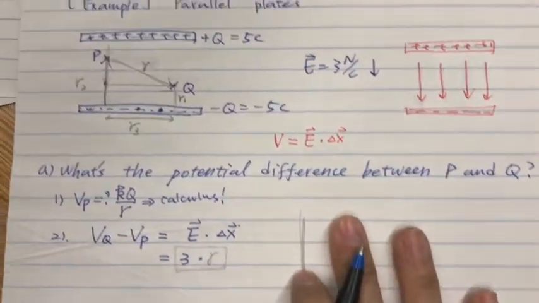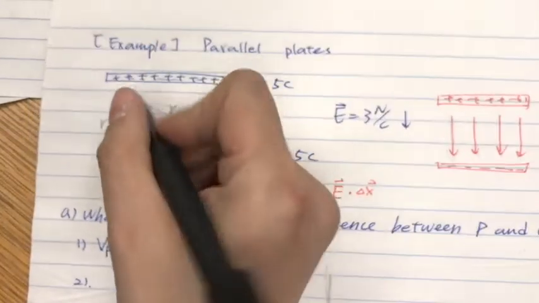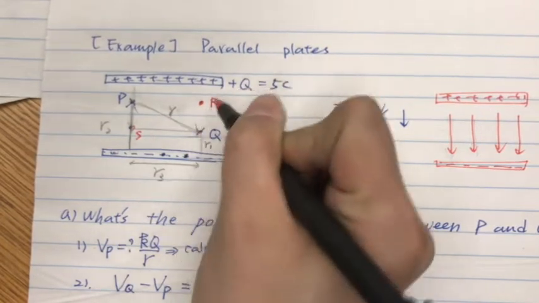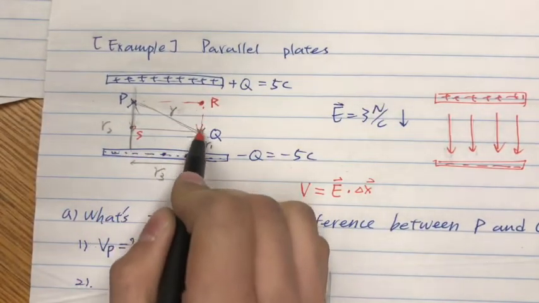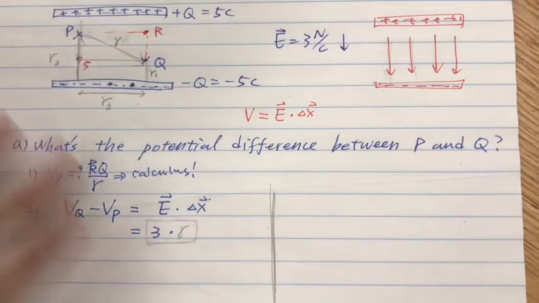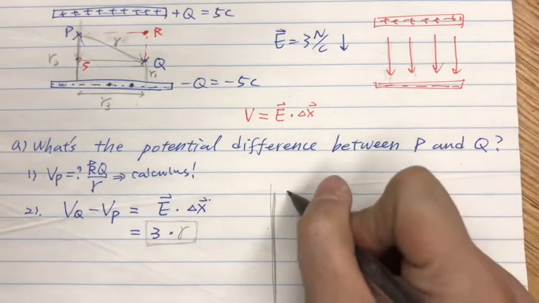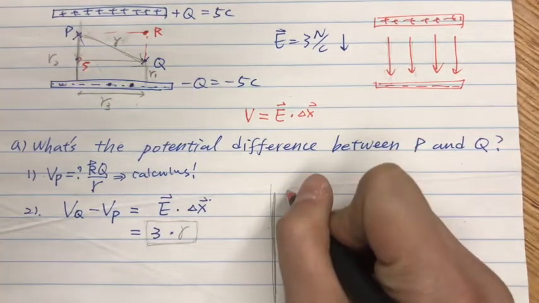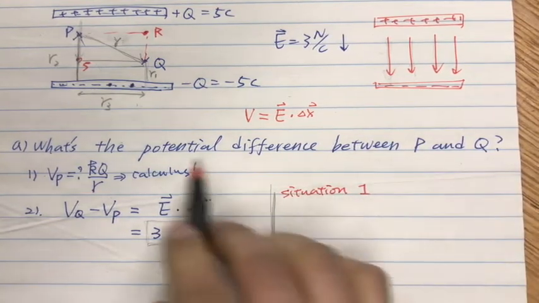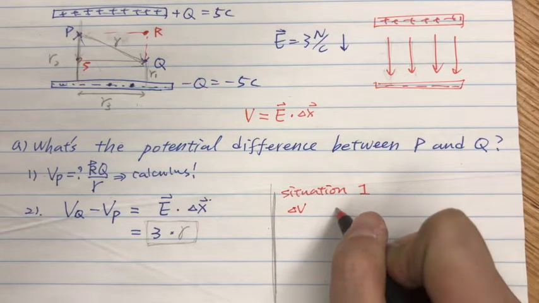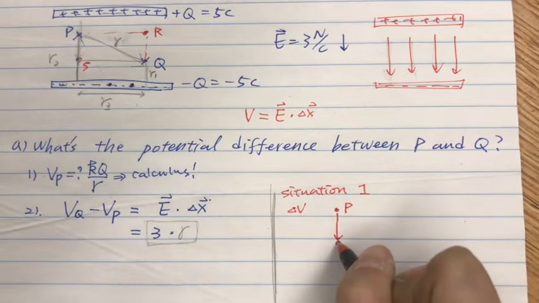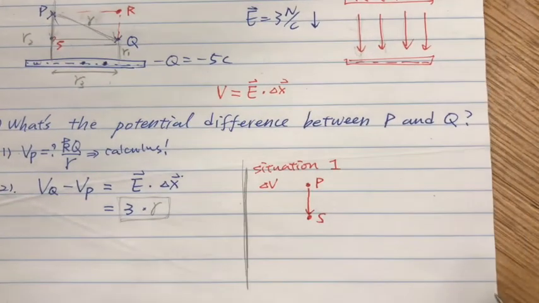So now let's consider a somewhat different situation to clarify this idea. Say here I consider a point R and I consider a point S here. Situation 1: what's the potential difference if we push the test charge from P to S?